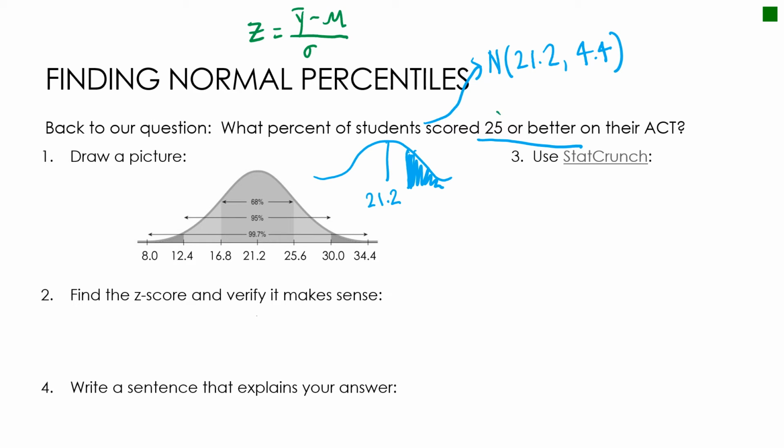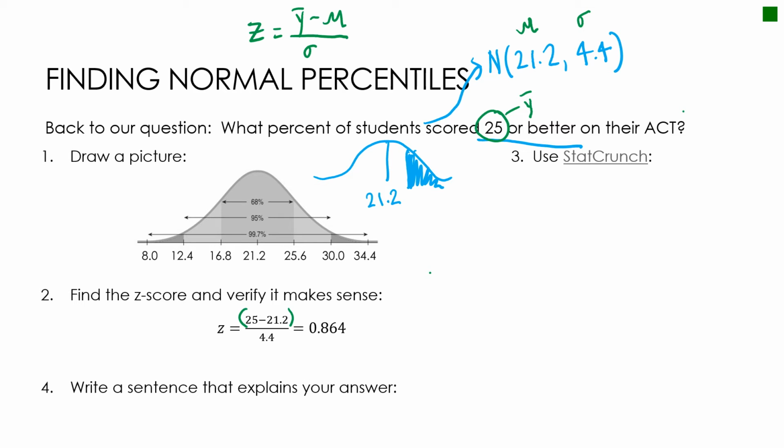And in our example, 25 is my y bar, that's my observed. 21.2 is my mean, or mu. 4.4 is my sigma, or standard deviation. So you can see what my z-score looks like is 25 minus 21.2 divided by 4.4. Again, if you're plugging this into your calculator, make sure you do that.